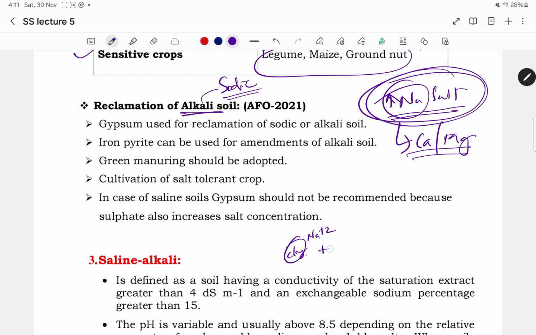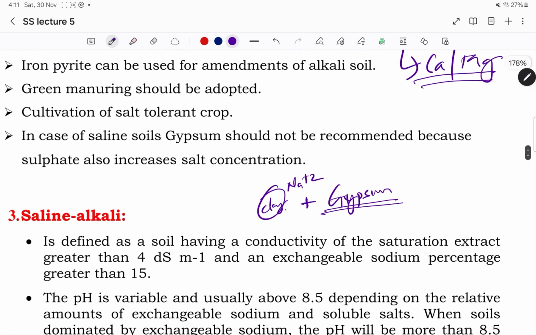For example, this is a clay particle having excess sodium. We have to apply gypsum here. In case of alkali soil, we apply gypsum. What is the chemical formula for gypsum? It is CaSO4·2H2O. What we get is, this Ca occupies the place of this sodium.